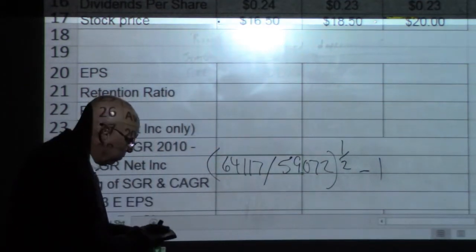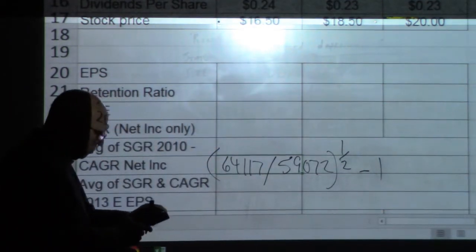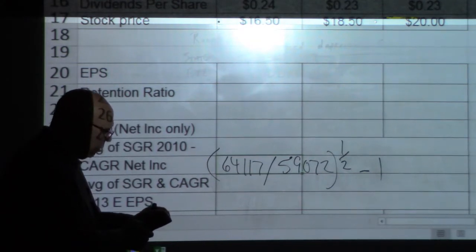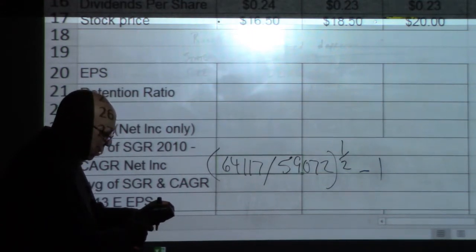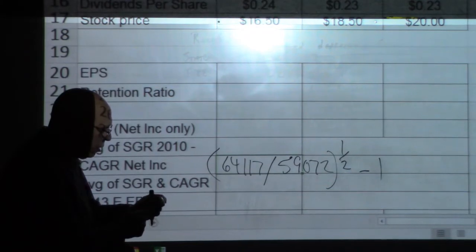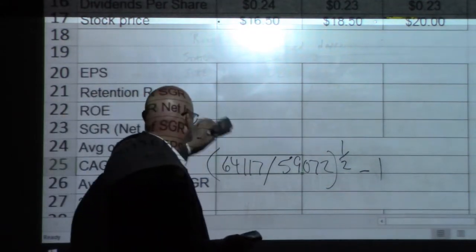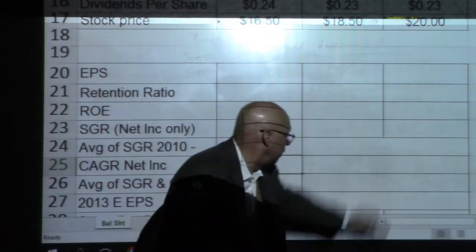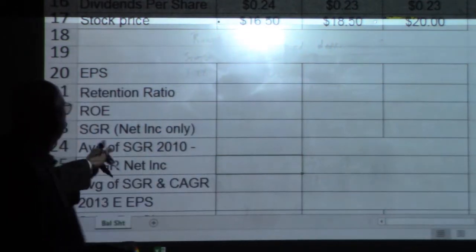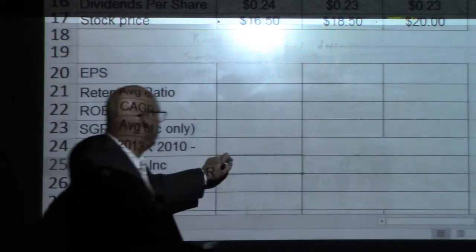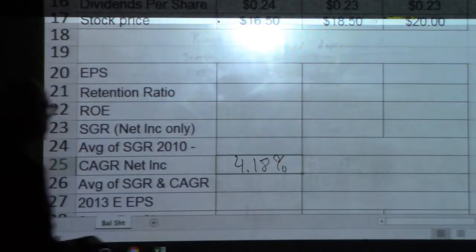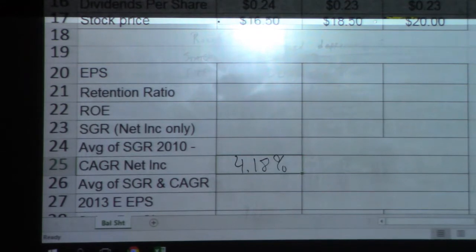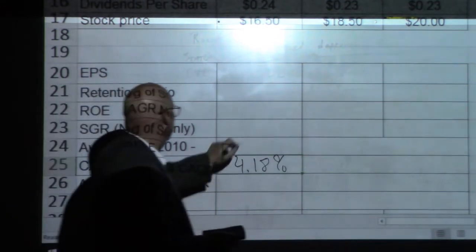Let's find this number. 64117 divided by 59072 equals y to the x, 2, 1 over x, equals, minus 1, and we come up with 4.18%. Okay? So, CAGR of net income, 4.18%.